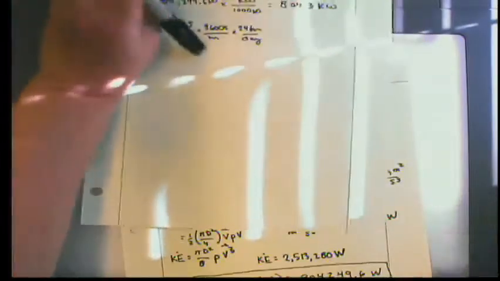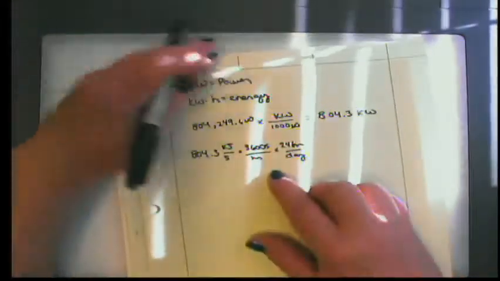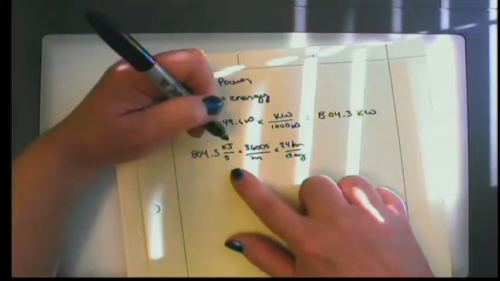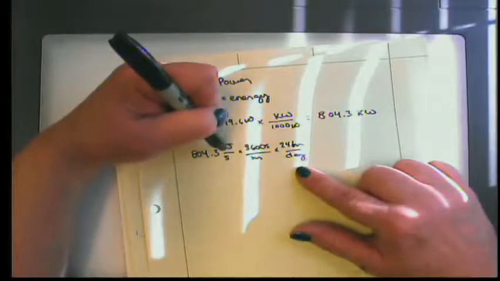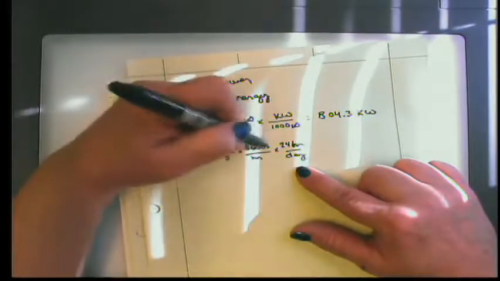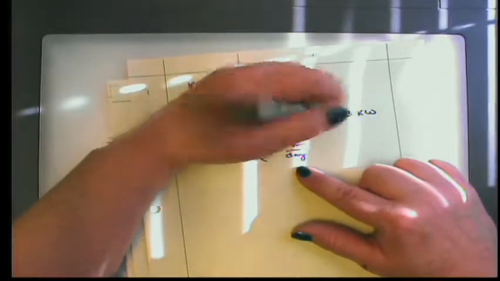Okay, so if we want to be in kilowatt hours, let me think about this. Kilojoules, kilojoules. Okay, I did that right. So basically then, I want to do just a kilowatt hour. Let's do this. I always have trouble with this.